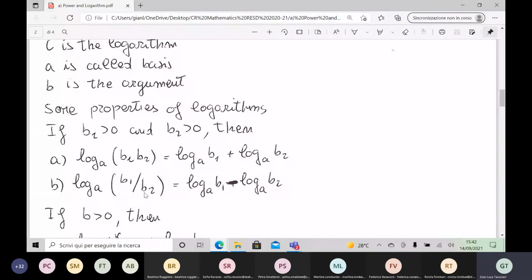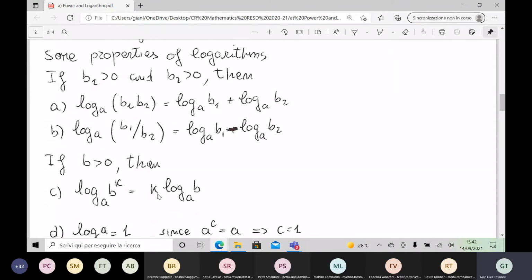Okay, these are very important properties. Now, third property: if B is positive, then the logarithm with basis A of B to the power K. This means that only B is raised to the power K, not all the logarithm.